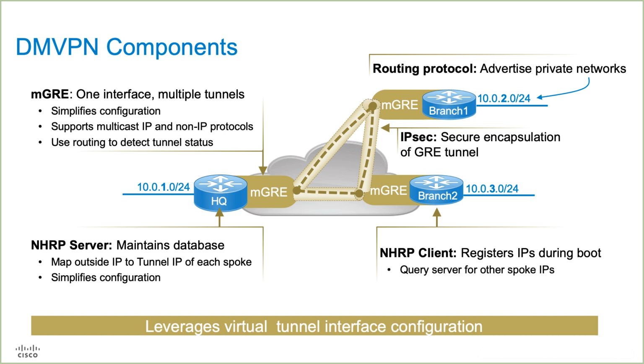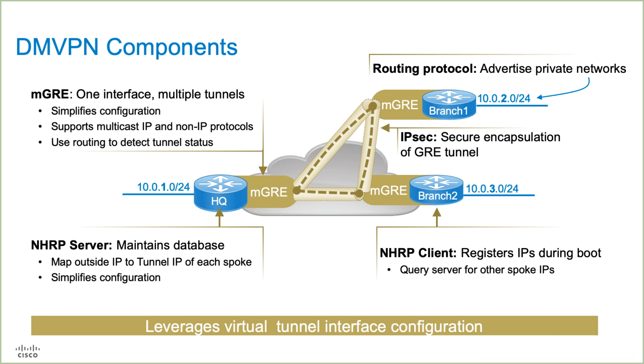And then last but not least, if we go over here to the NHRP server, once again in our client-server relationship, when the NHRP server receives that registration from the NHRP client, it maintains a database, or I like the term mapping table, of again the outside public reachable IP with the inside tunnel interface.